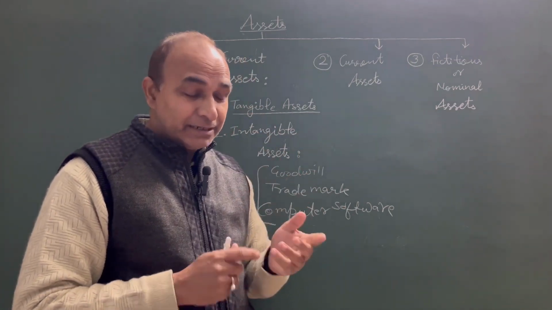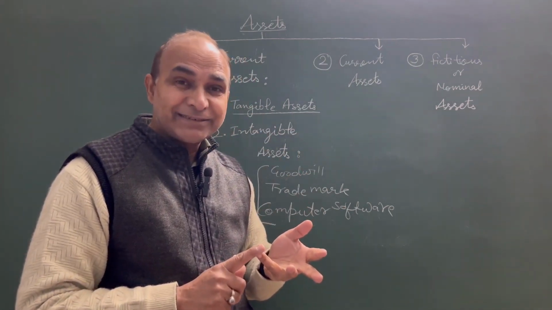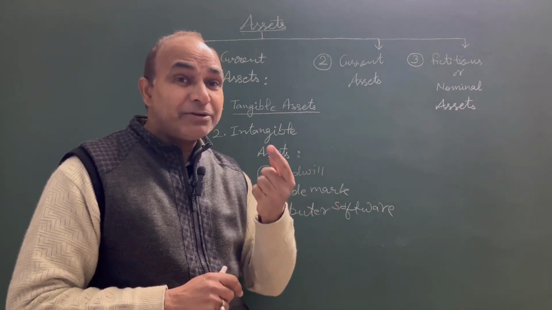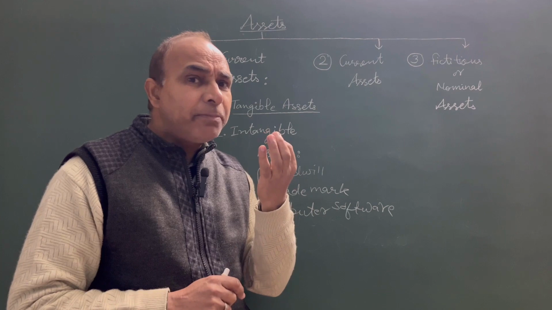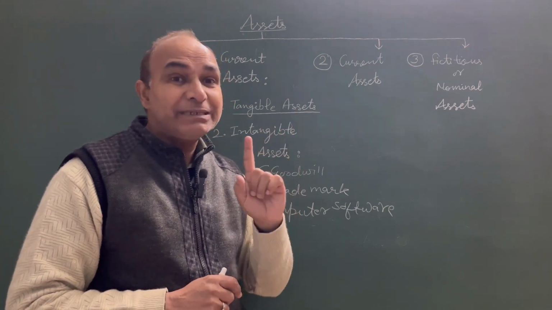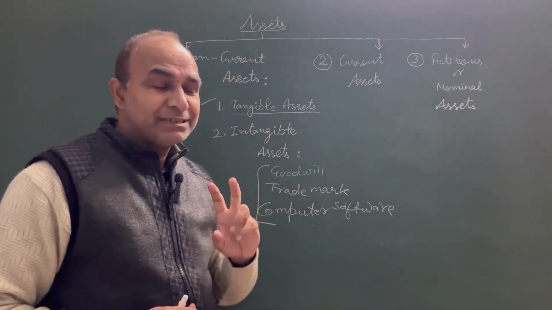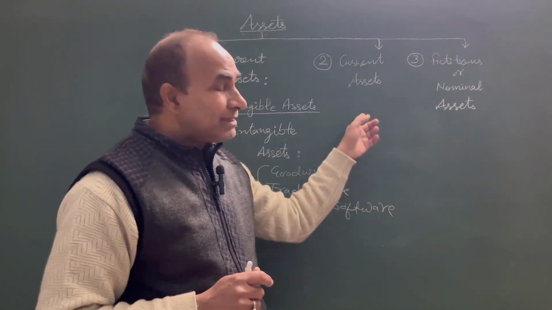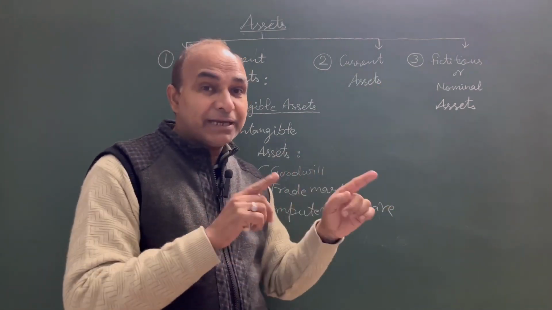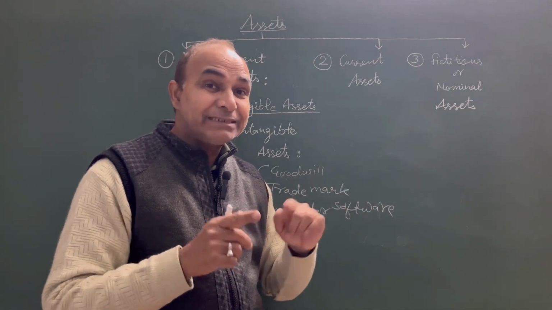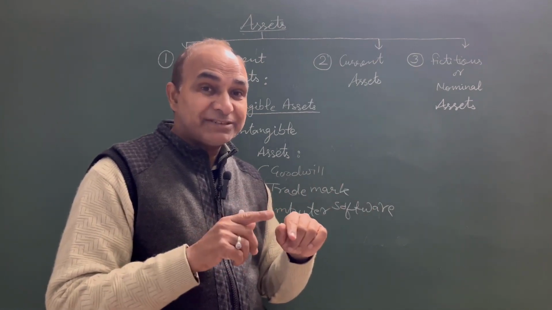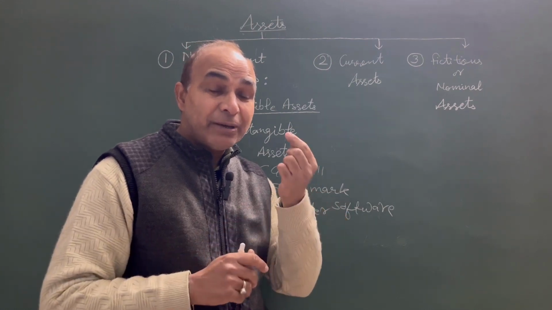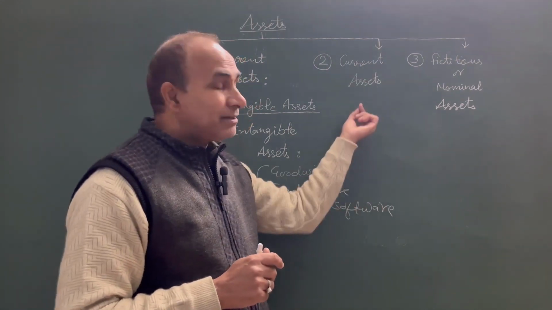I repeat, current assets can be converted into cash within a period of 1 year or operating cycle. Operating cycle is a new term, which I am going to explain in the next lectures. Assets like debtors, bills receivables, short-term investments can be converted into cash within 1 year, and these are current assets.